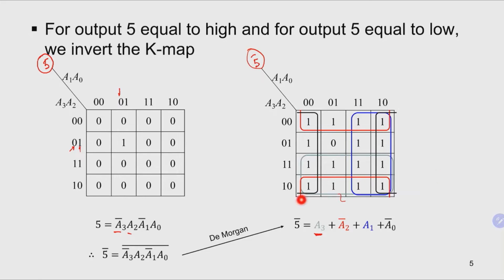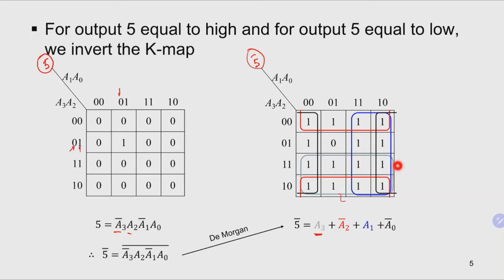Then if we look at the red loop, that's going from the bottom across to the top. Again, A1 and A0 change within this loop, and A3 changes from 1 to 0, and then A2 stays the same, which is at 0. So we have the value here, A2 bar.